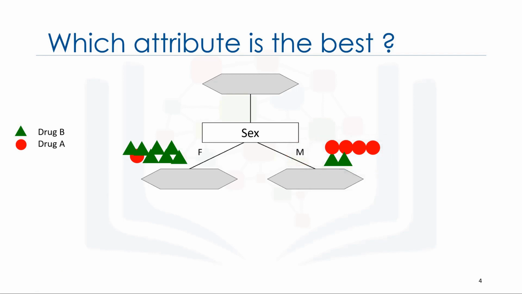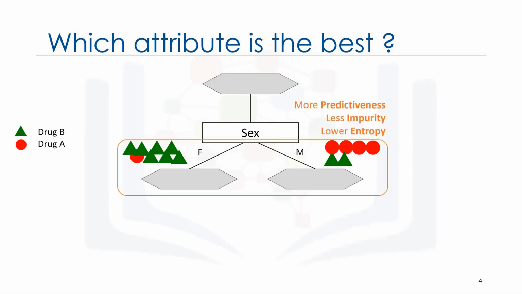However, it is still a better choice in comparison with the cholesterol attribute because the result in the nodes are more pure. It means nodes that are either mostly drug A or drug B. So, we can say the sex attribute is more significant than cholesterol, or in other words, it's more predictive than the other attributes.